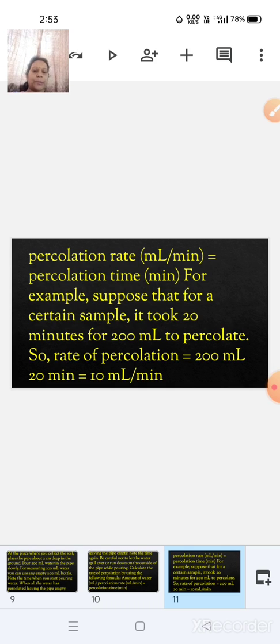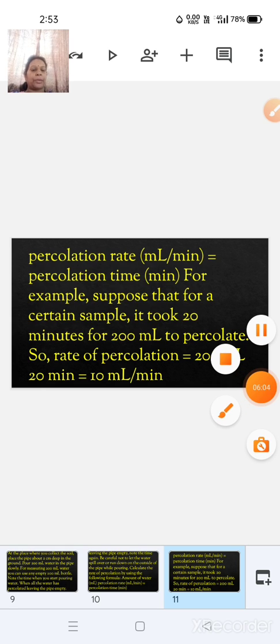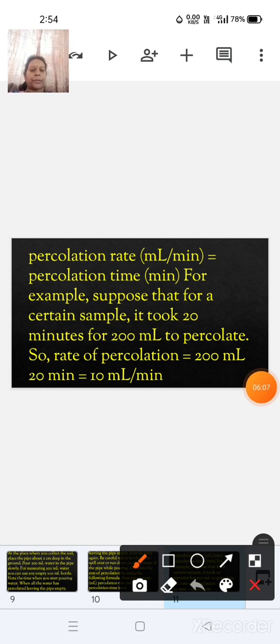Suppose, for example, we are taking a sample of 200 ml of water which percolates within 20 minutes. So our rate of percolation will be 200 ml upon 20 minutes, which is equal to 10 ml per minute. So I hope you have understood how to calculate the percolation rate of water.